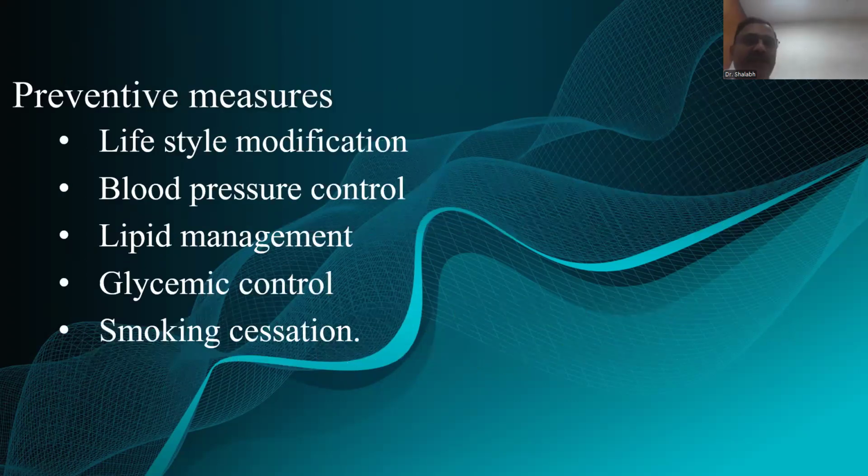There are various preventive measures that we can adopt as diabetics to make sure that our feet stay healthy for a long time. Lifestyle modification: basically, we are focusing primarily on controlling our blood sugar, which means a healthy diet, healthy exercise, controlling our blood pressure, and controlling our cholesterol levels and sugar.